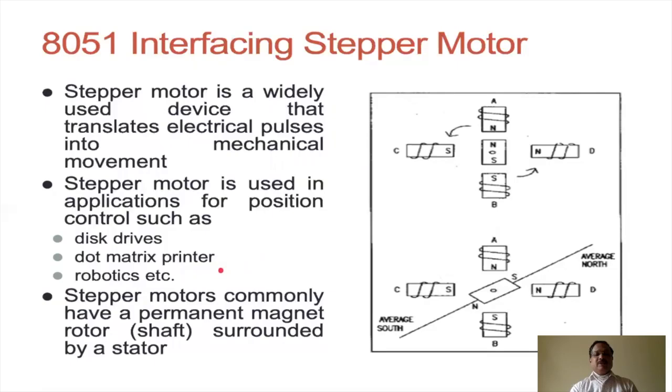Largely, stepper motors are nowadays used in robotics. In industries, robots are preferred whenever there is high voltage work or work related to high temperature. In that case, for saving humans, robots are now mostly used.